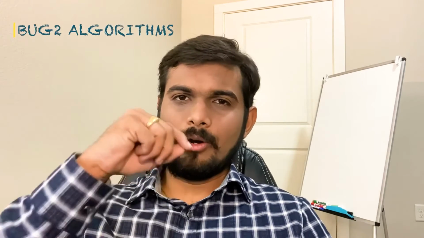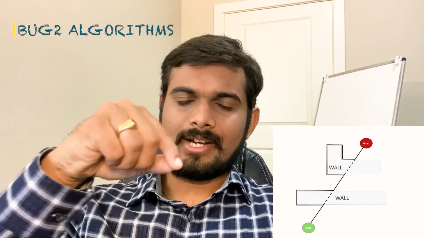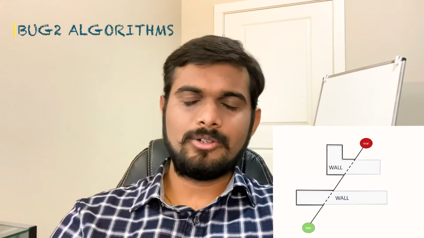I'll be sharing a link in the description which gives good basic knowledge of how obstacle avoidance algorithms are implemented. It talks about four major types of obstacle avoidance, where the first one is the Bug-2 algorithm, which goes near the obstacle and tries going around the obstacle in order to reach the goal.